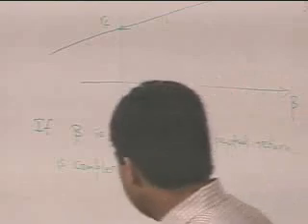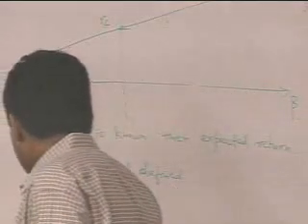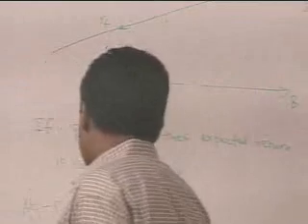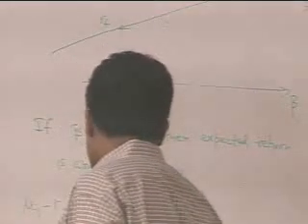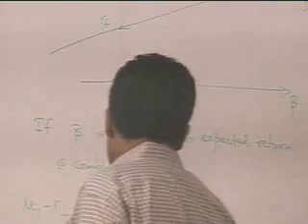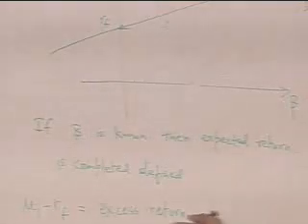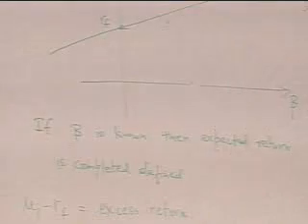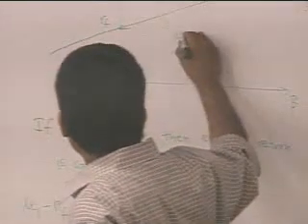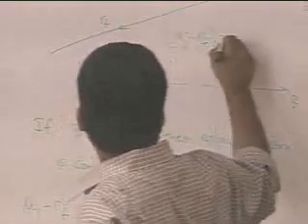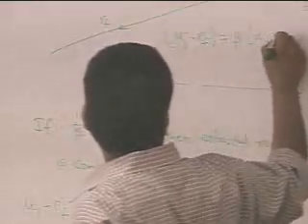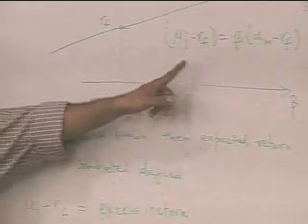This quantity mu j minus RF is called the excess return, which is the return in excess of the risk-free rate. You can always get RF by putting money into the risk-free rate. So mu j minus RF tells you the excess return. So this expression can also be written as mu j minus RF is equal to beta times alpha m minus RF, which is to say that the excess return on a particular asset is equal to beta times the excess return on the market portfolio.